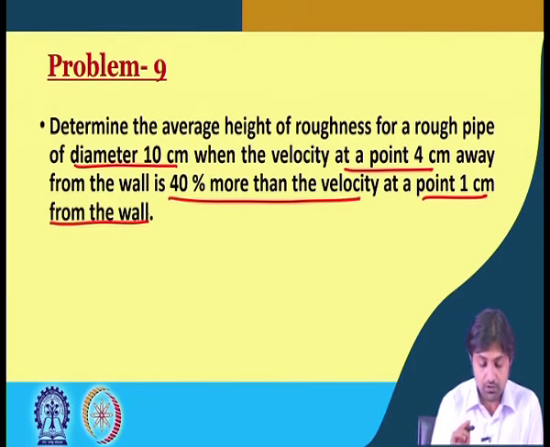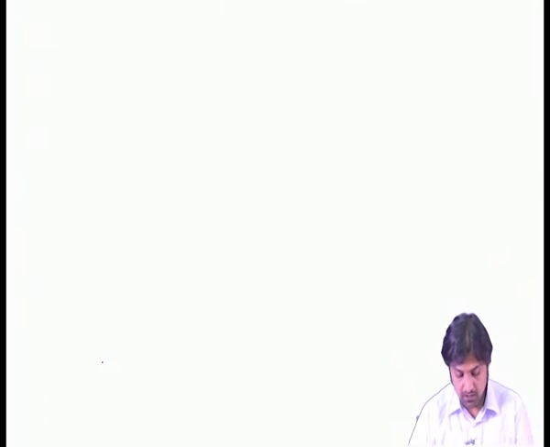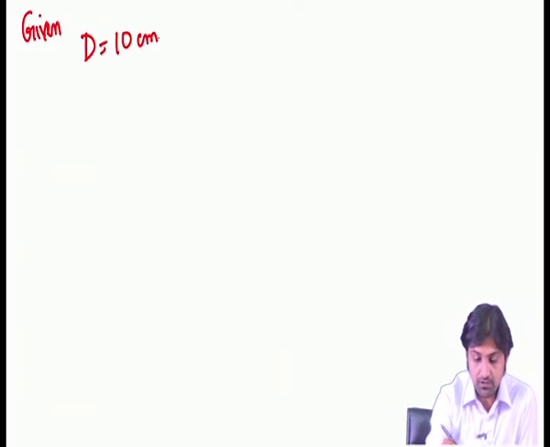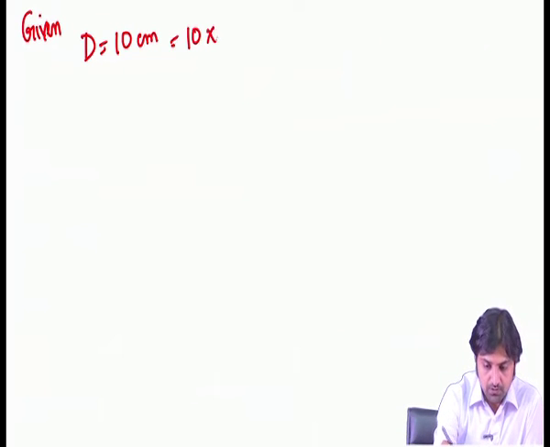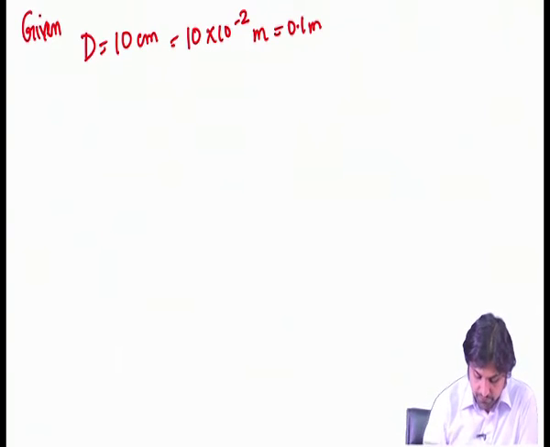Okay. So what we are going to do, we are going to assume our white screen back again and start solving by writing down what is given. Given is d equal to 10 centimeters or 10 into 10 to the power minus 2 meters or 0.1 meter.